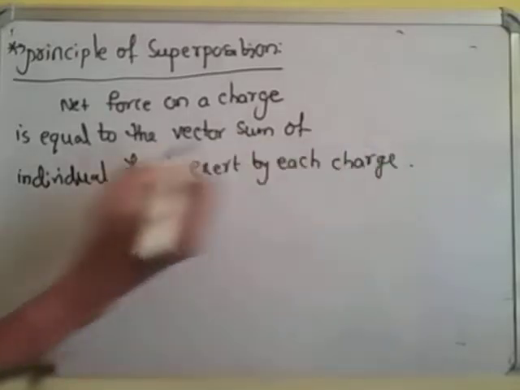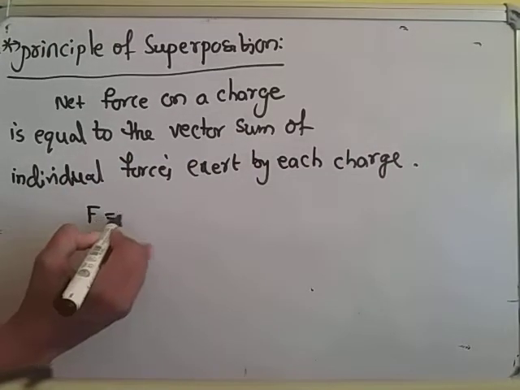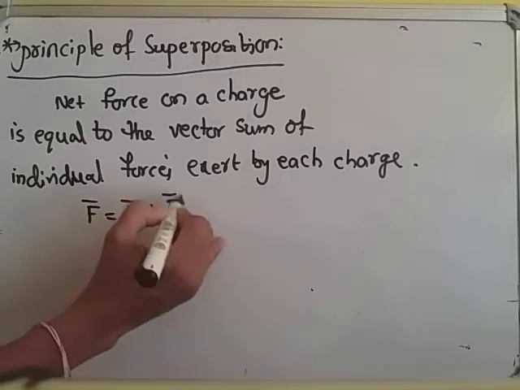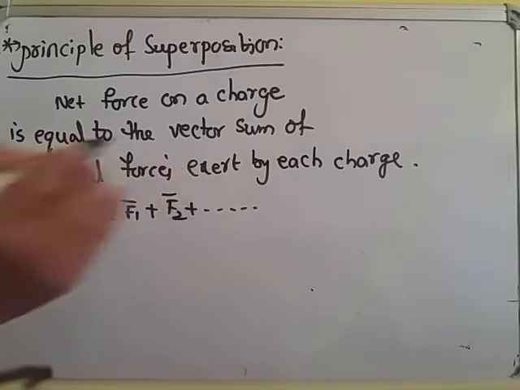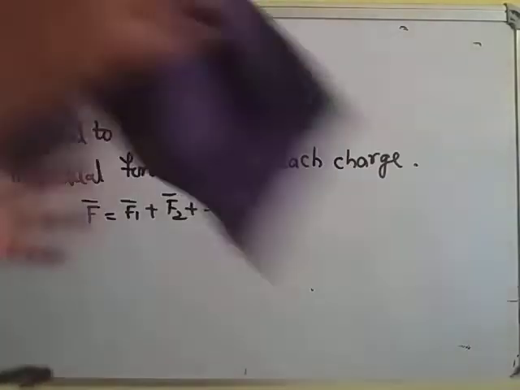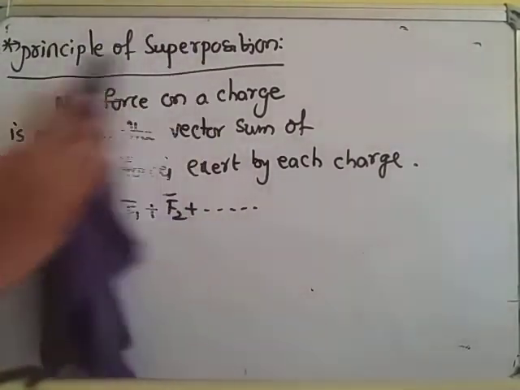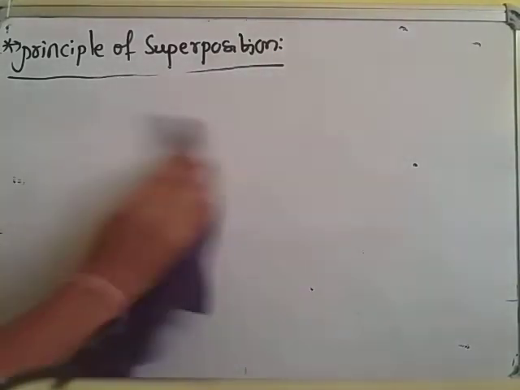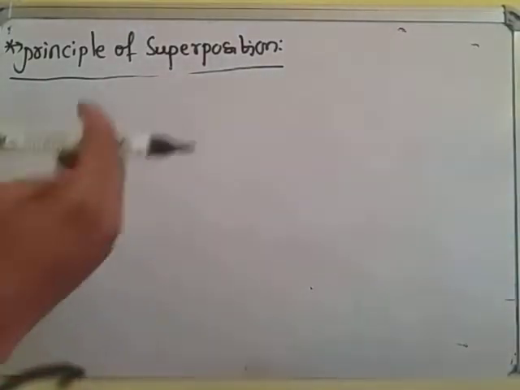We write the net force formula as F1 bar plus F2 bar plus F3 bar and so on. This is the principle of superposition. One example we will take is how to write it in vector form: the total force is the vector sum of individual forces.